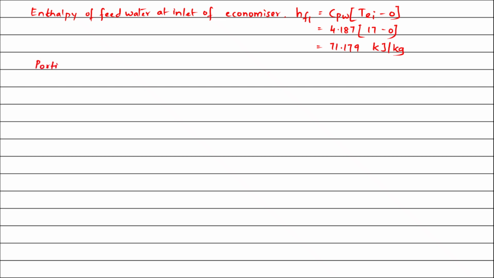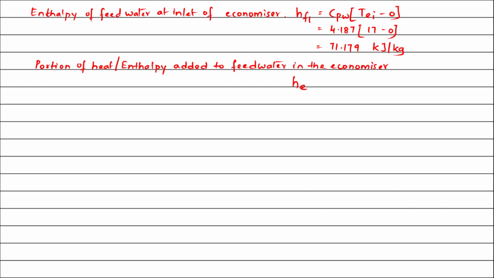So the portion of the heat, or the enthalpy, added to feed water in the economizer, I am denoting as HE.